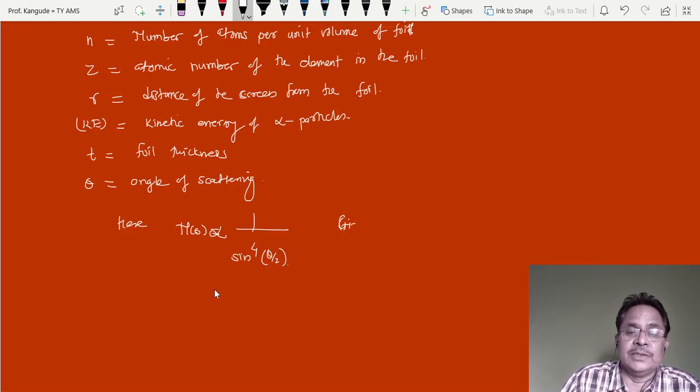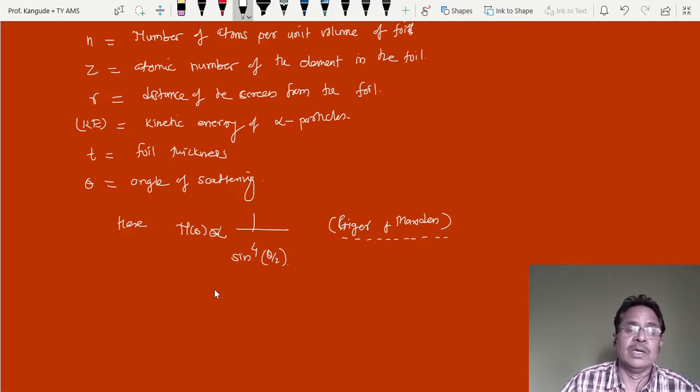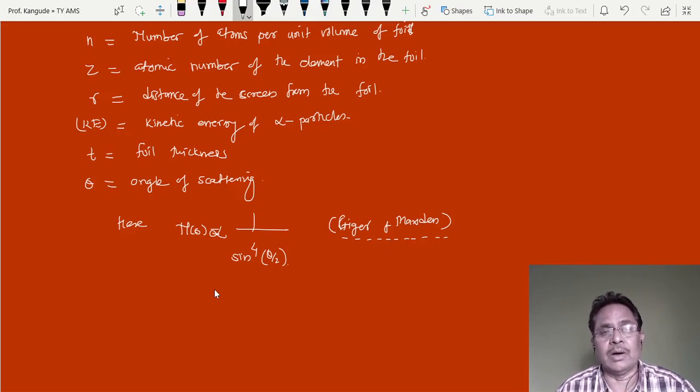These scientists did this experiment and showed this is happening, and Rutherford's theory showed that the number of particles that are deviated or observed on the screen per unit area at a particular angle must be proportional to 1 upon sine raised to 4 of theta upon 2.